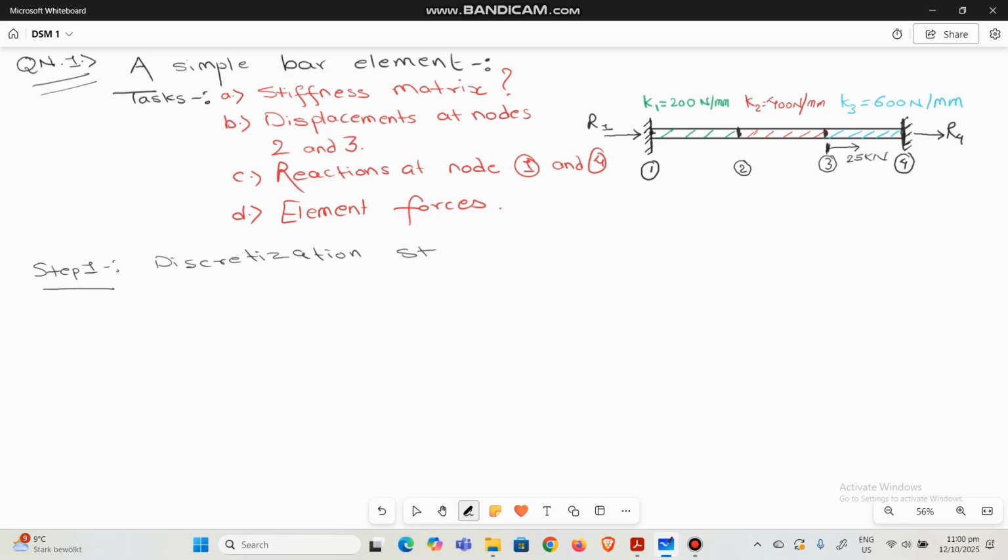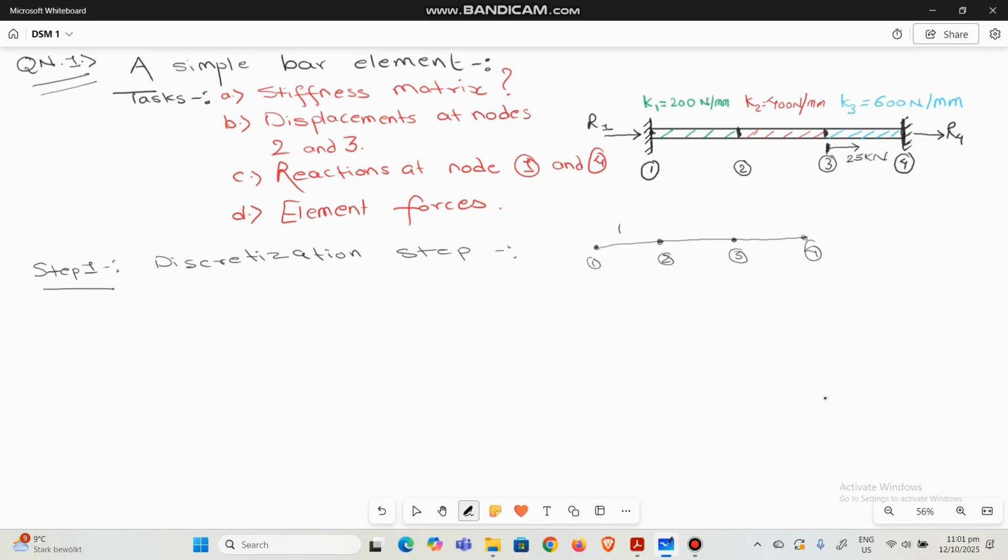In the discretization step, we simply simplify this figure like this. It's completely straight, but I'm just drawing it roughly. So this is node 1, this is node 2, this is node 3, and this is node 4.